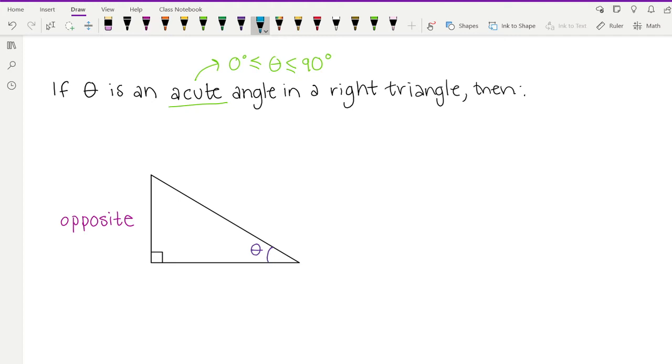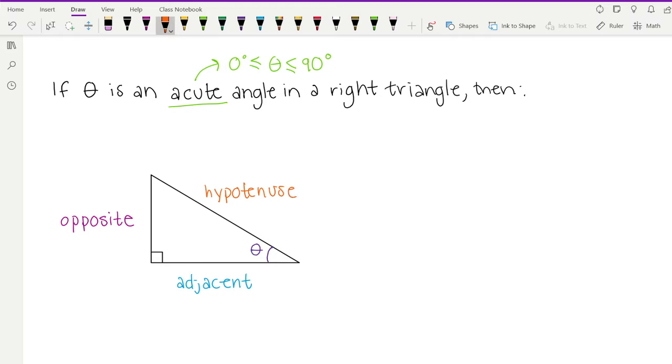The side that is not across but next to the angle, I'm going to call the adjacent side. Adjacent is pretty much just a fancy way of saying next to. And then the hypotenuse, I'm going to label as the hypotenuse because that's what it's called.